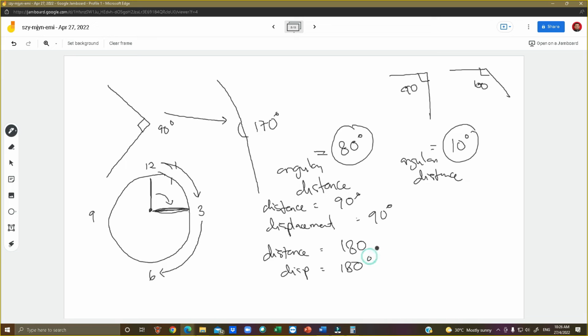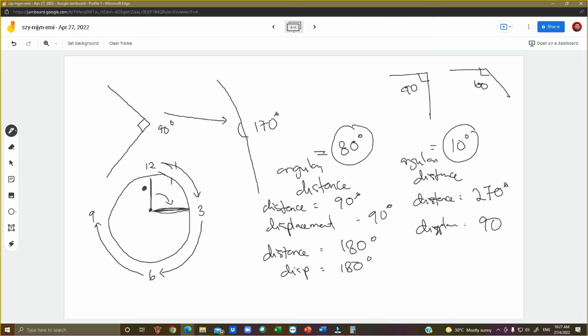Sama. Sekarang tricky question. If the clock move again to 9, what is the new distance? 270. Displacement dia 90. 90, because this is the shortest route.